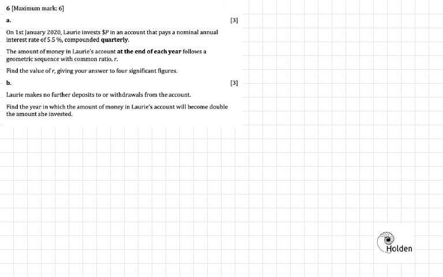Okay, so let's have a look at what she's got. So she has the present value, which is P, and we're going to times that by 1 plus 5.5 over 400, I'm just doing 4 times 100 because you recognize that, for n.